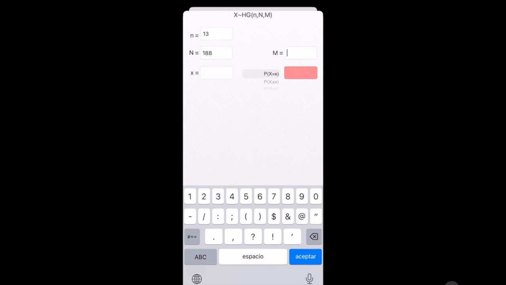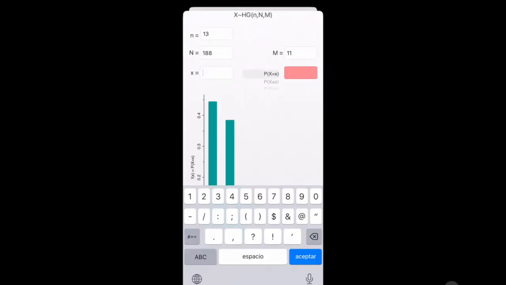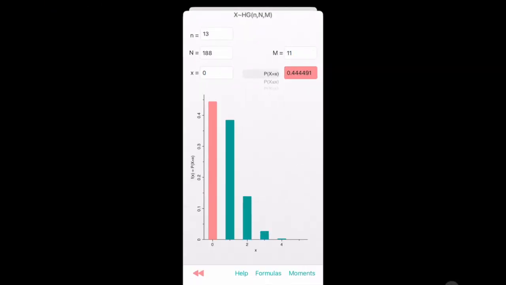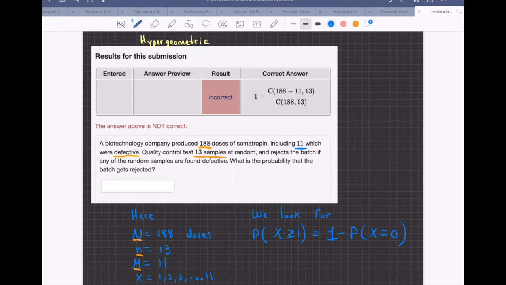M is 13, no, 11. 11 are defective. And we want 0. And the answer is 0.444491. So the answer is going to be 1 minus 0.444491.